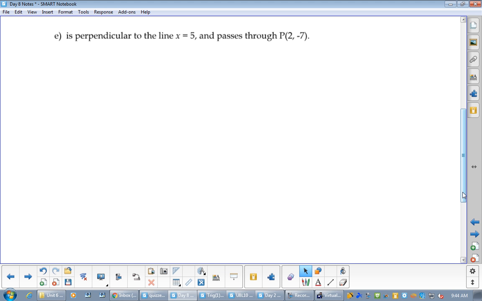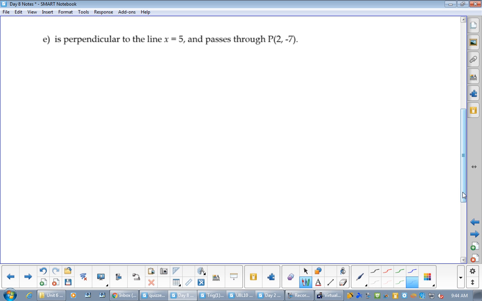Now, what is a line that is perpendicular to x equals 5 and passes through point 2, negative 7? Okay, well, 2, negative 7 would be down here. And the line x equals 5, what does that look like?